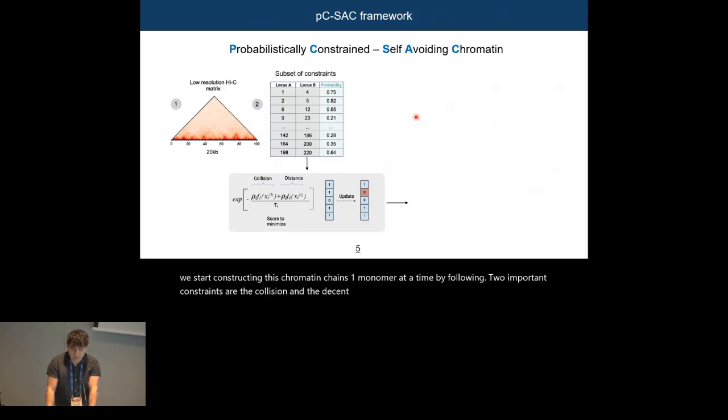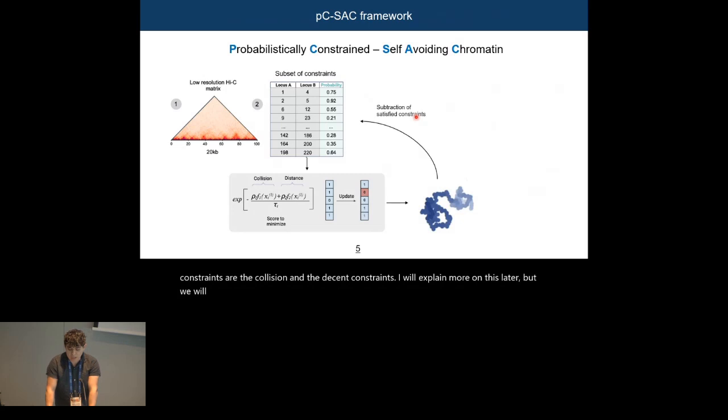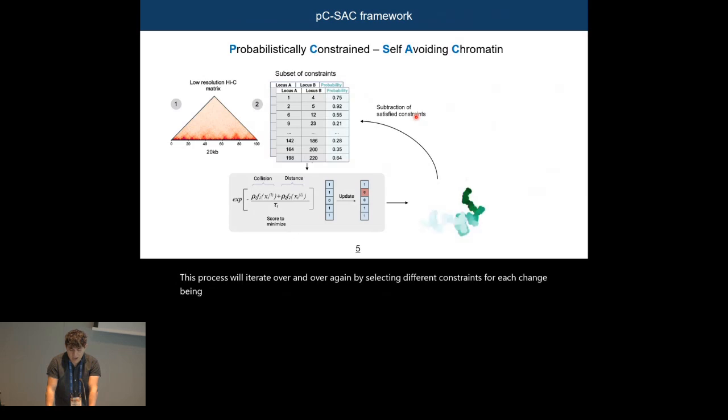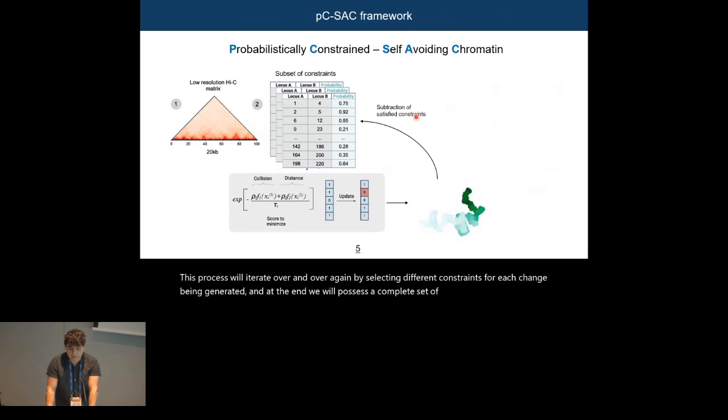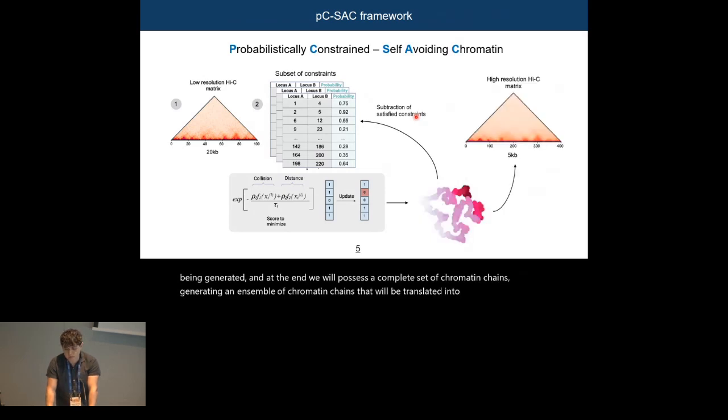I will explain more on this later, but we will construct these chromatin chains, and then this process will iterate over and over again by selecting different constraints for each chain being generated. And at the end, we will possess a complete ensemble of chromatin chains that will be translated into a high resolution Hi-C matrix.